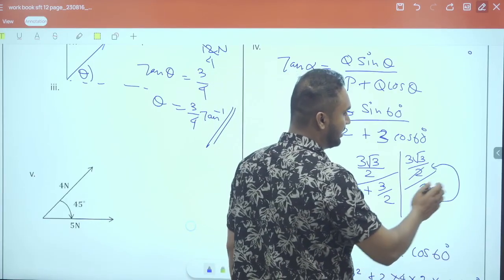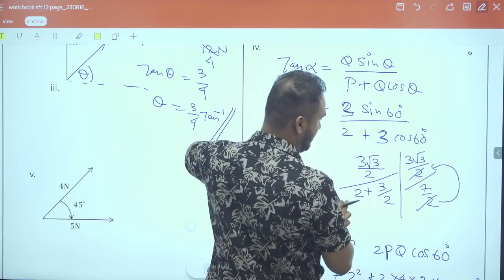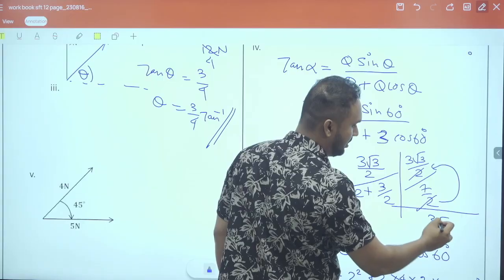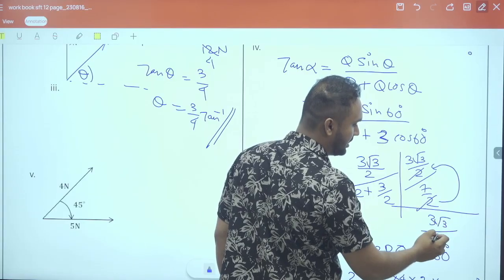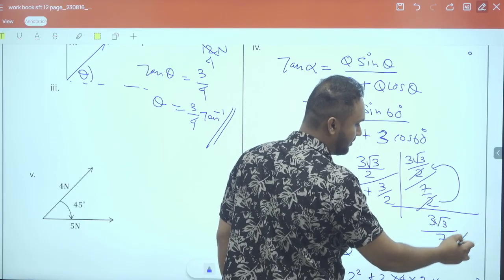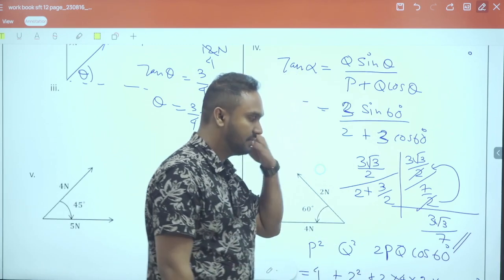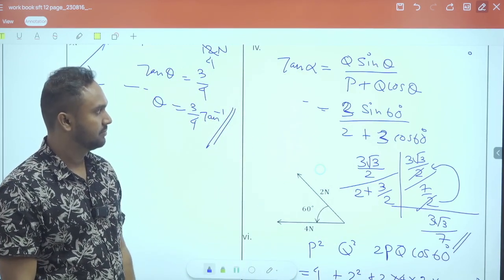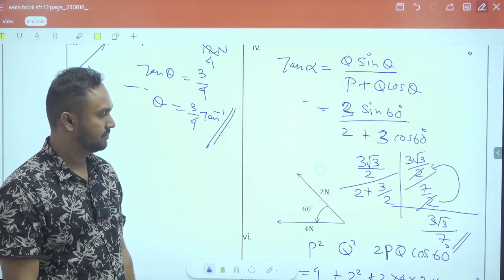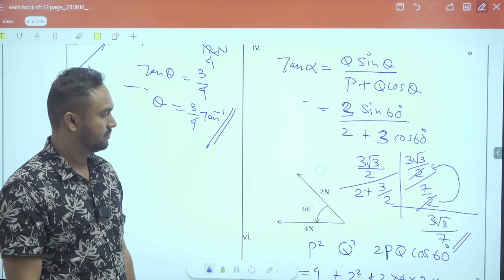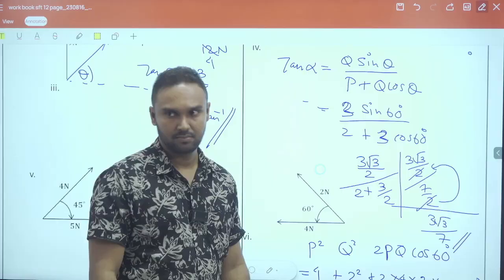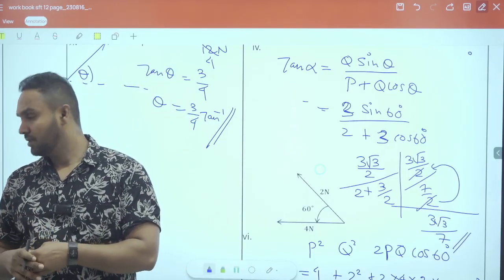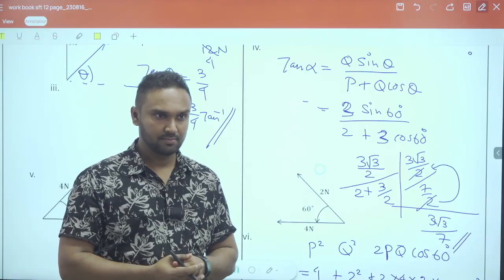So what is left here? Only 3 root 3 over 7 is left. And tan inverse of this is equal to alpha. Right, done. Got the answer or no?